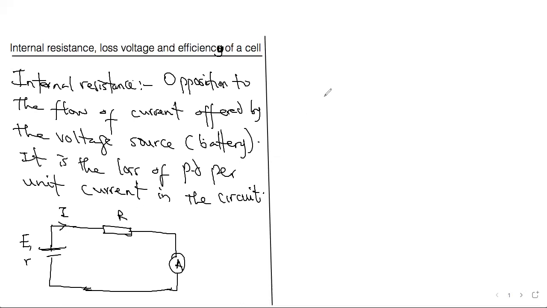So the E.M.F E will be equal to the terminal PD, which is the potential difference that the voltmeter connected across this resistor will read.